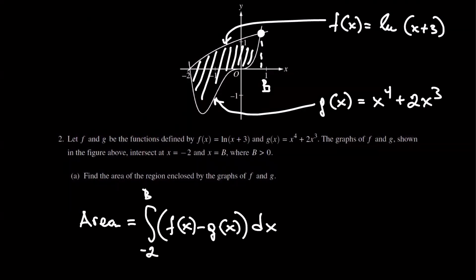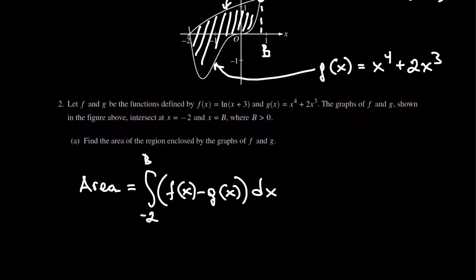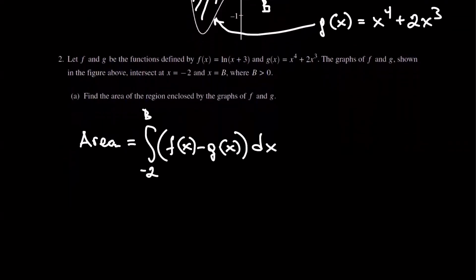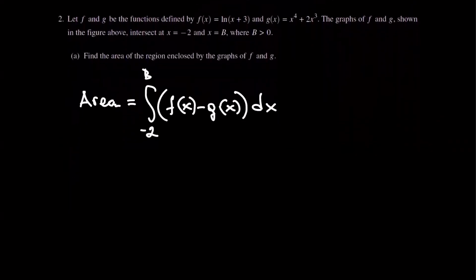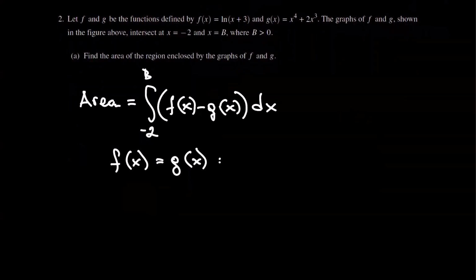And so how do we solve this problem without knowing b? We first calculate the solution where f of x is equal to g of x. We find such b greater than 0 that gives us the answer to this equation.